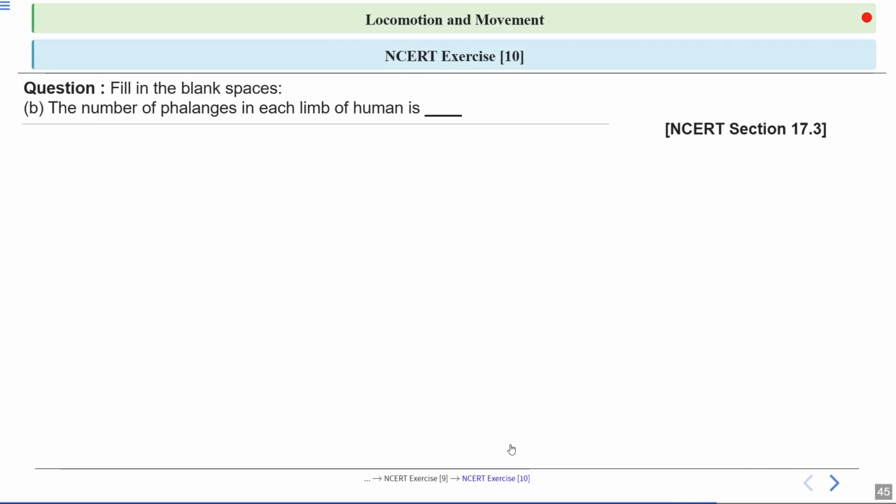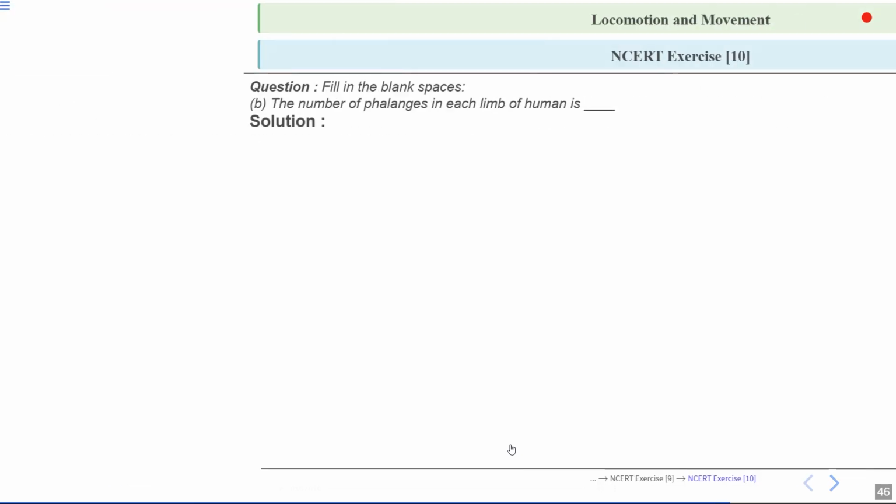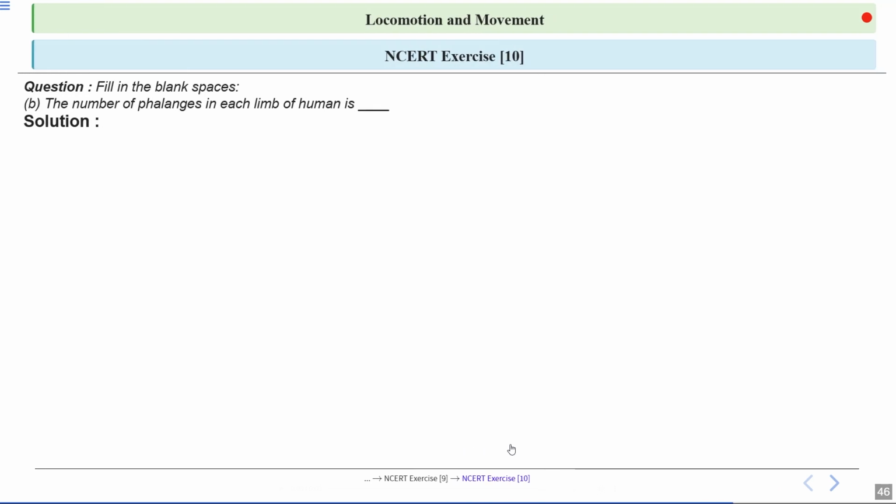Now this is statement 2, and the statement is: the number of phalanges in each limb of a human is. So talking about phalanges, these are the bones in our fingers and toes. The number of phalanges in each limb of a human is 14.